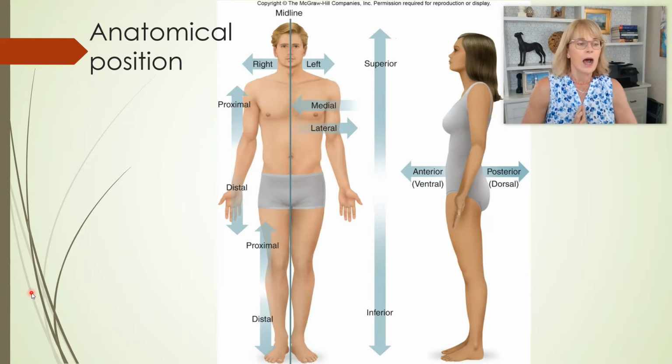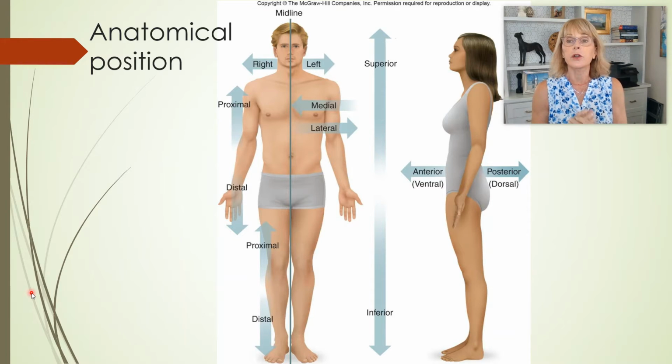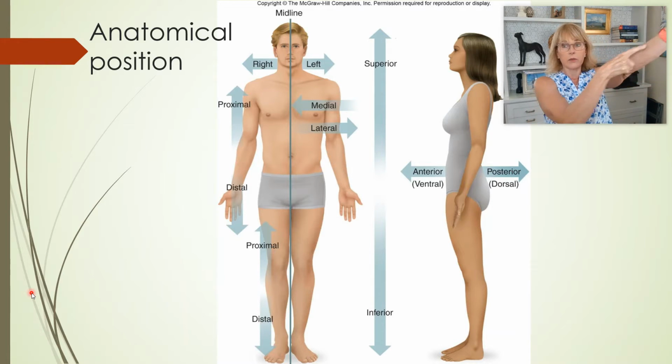Let's imagine I'm in the ER and someone has been involved in some kind of an explosion. And yes, they have a concussion and we're worried about internal bleeding. But in the meantime, you're the nurse and it's your job to figure out where the little cuts are on their body, right? So you're going to say that there's a little cut right here.